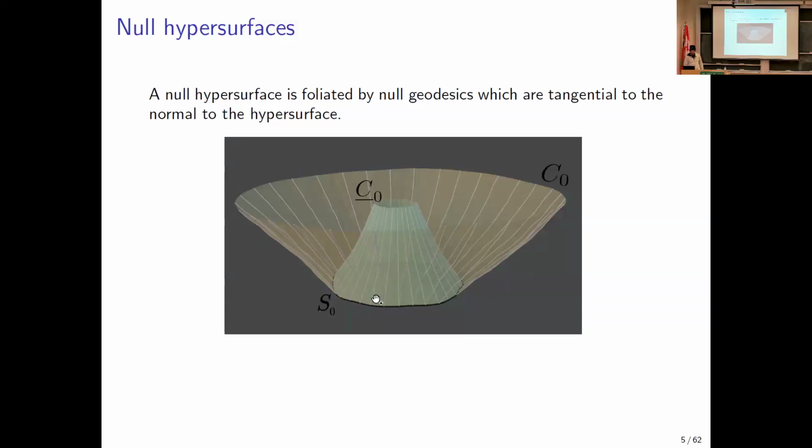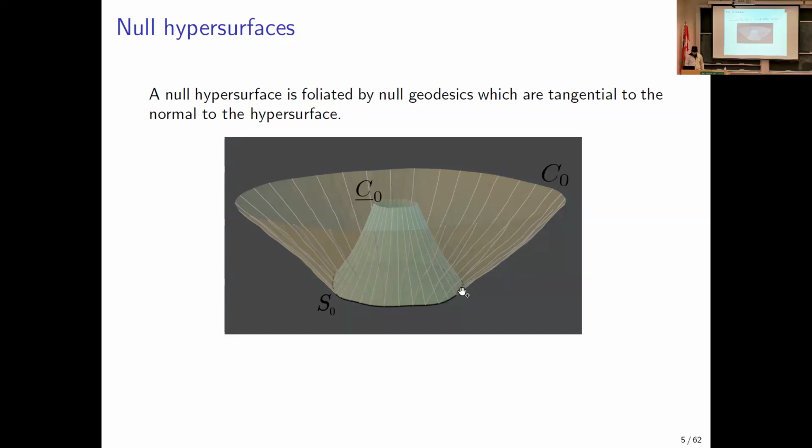Okay, this is a two-dimensional sphere. And now, starting from any such two-dimensional sphere, we can produce precisely two null hypersurfaces containing sigma 0, and moreover, being orthogonal to sigma 0 at sigma 0.